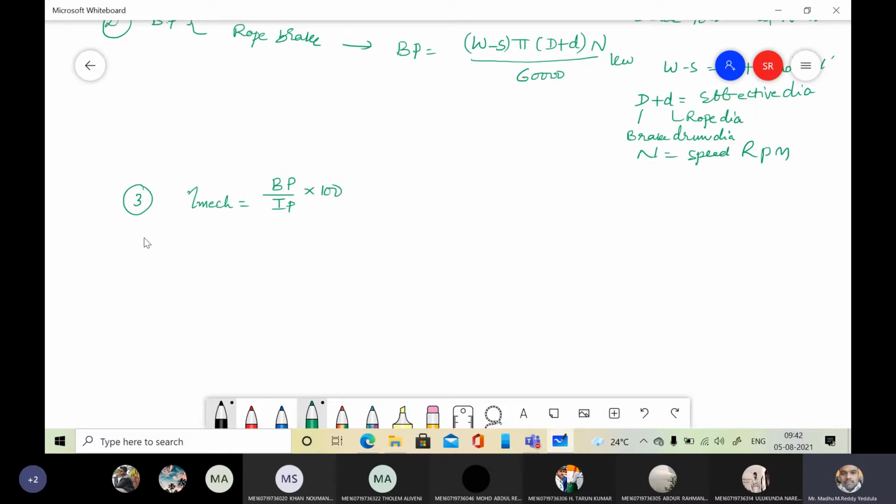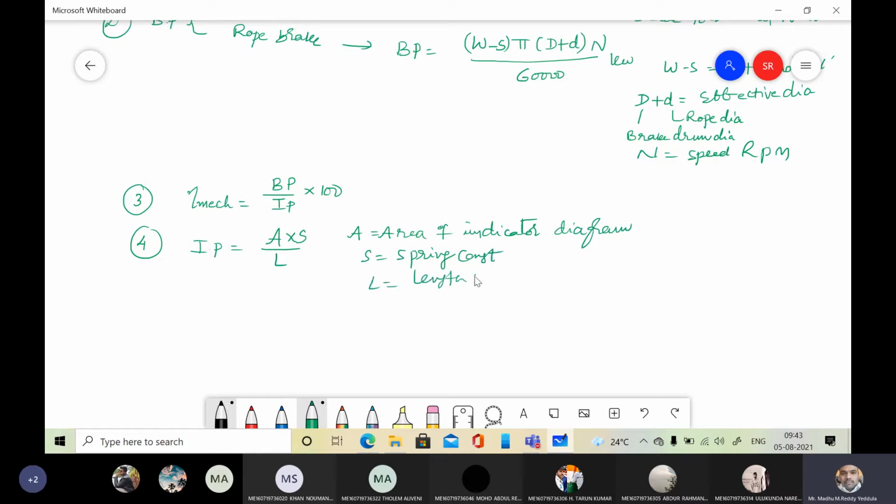Indicated power can also be calculated by using the piston indicator, that is A into S by L, where A is the area of the indicator diagram, S is the spring constant, and L is the length of the spring.